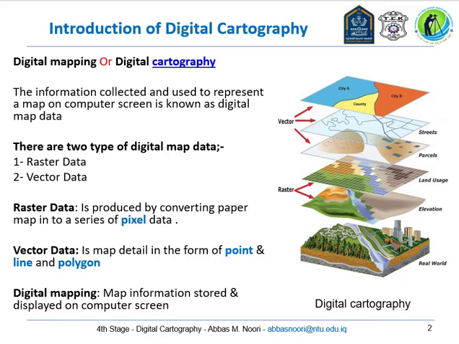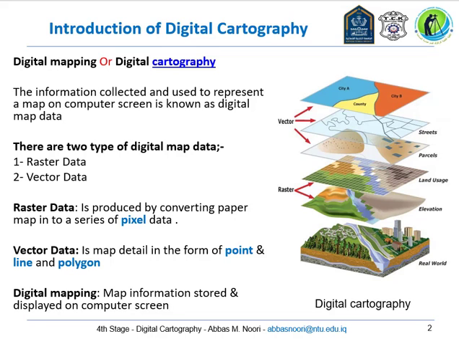When we say cartography, we represent the feature or the phenomena on paper, hard copy. When we say digital mapping, it is different. The collected data, the feature or phenomena, is represented on a computer screen. That's the difference between them.